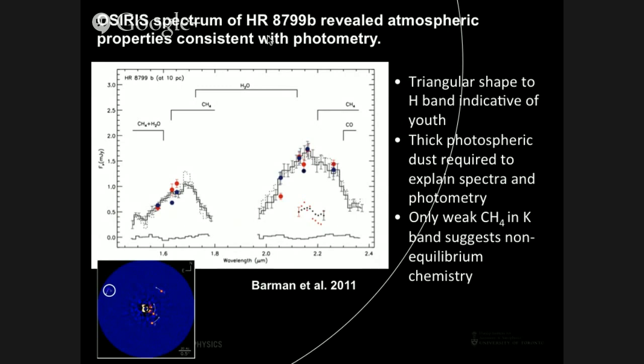We also, because the colors were so red, people invoked dust to explain them, and that was also necessary to explain the spectroscopy as well. So there's definitely thick photospheric dust in these planets, for sure. And then we also noticed that there was only weak methane absorption in the K-band, where we were expecting it to be much stronger. So that was suggestive of non-equilibrium chemistry occurring in the atmosphere as well.